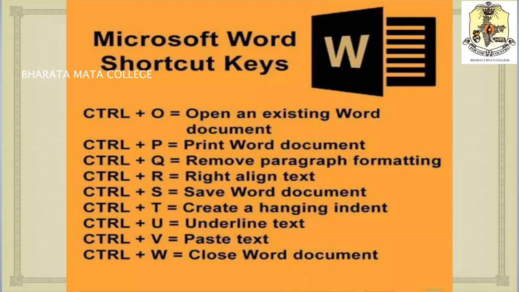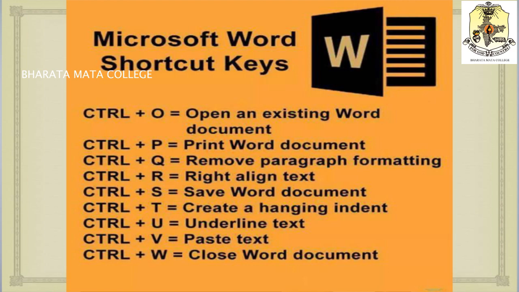Similarly, so many other shortcut keys are there. Then Control R for right alignment. That means when some typed text is available, the right side of the text will be aligned by pressing Control plus R. Then Control plus S for saving a document.